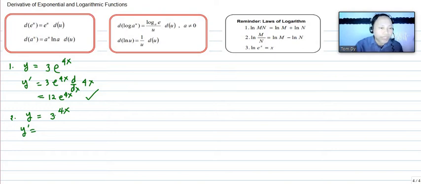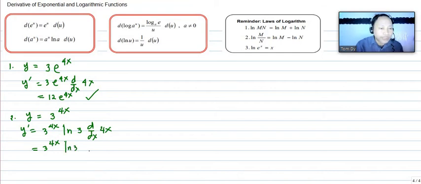So we will just copy a to the u, that is 3 raised to 4x, and then ln of a, so ln of 3, times the derivative of u, the derivative of 4x, which serves as our u.